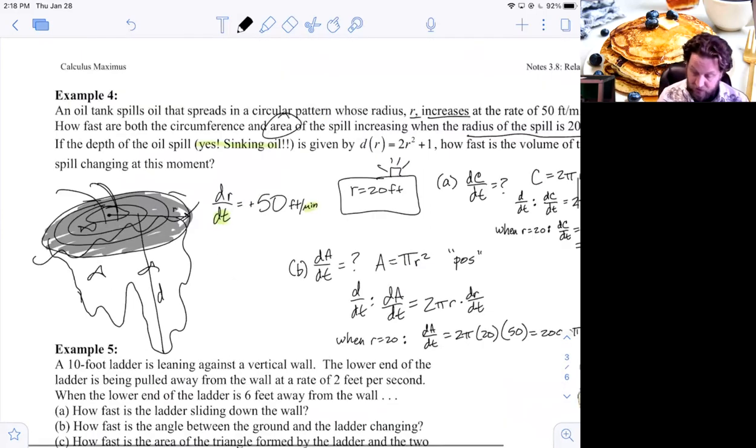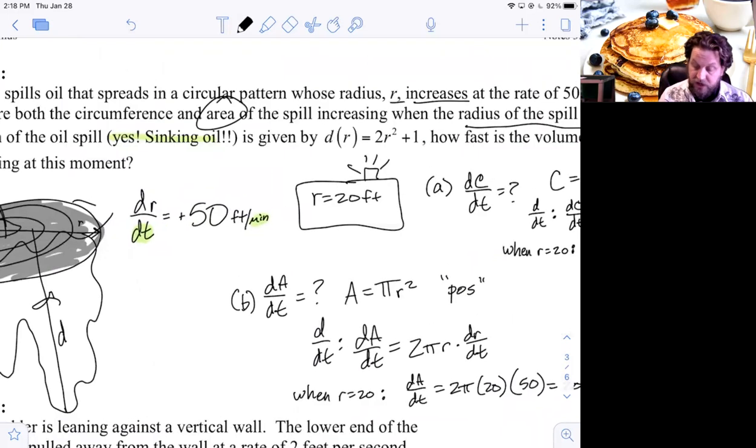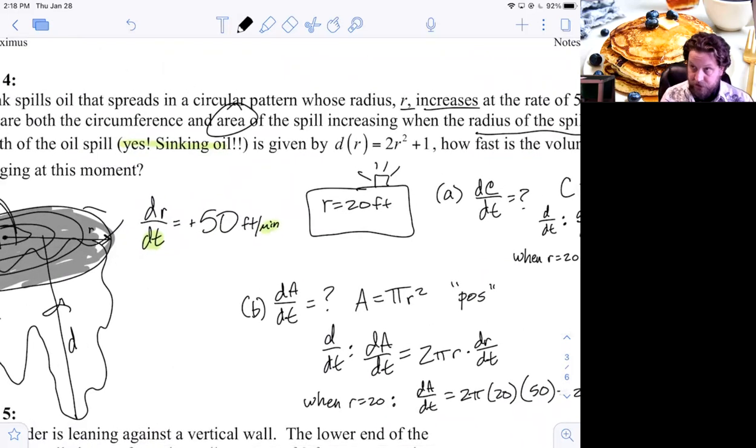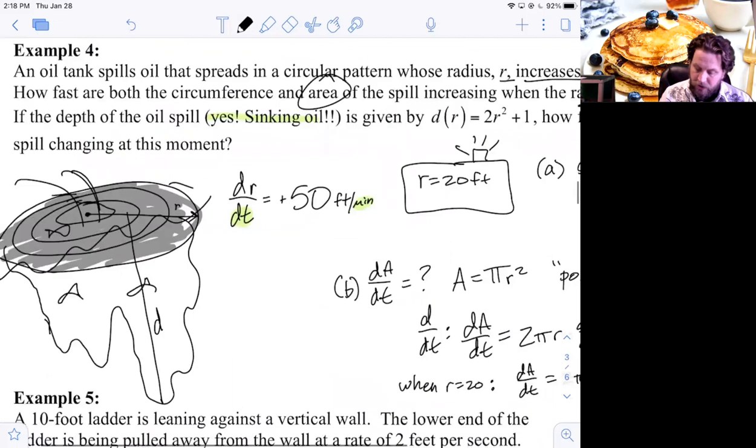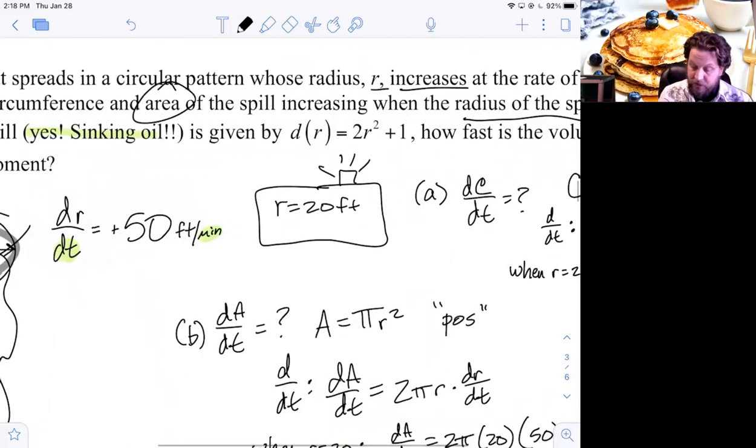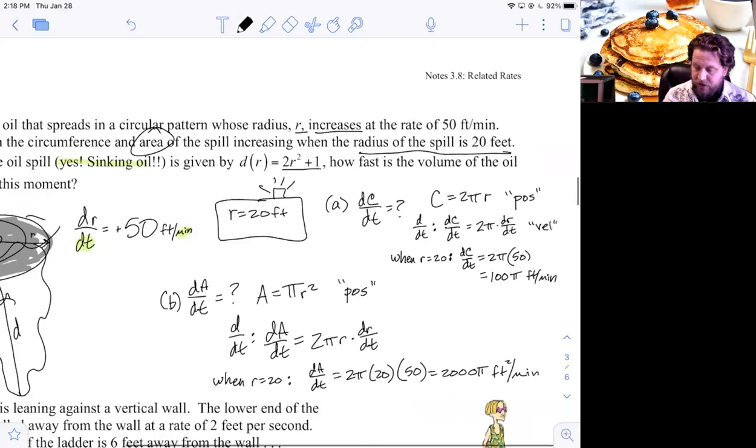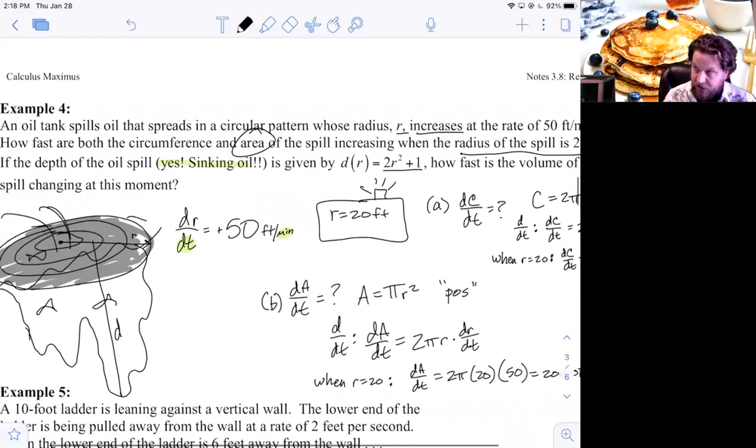So if you go straight down, this is what the depth would be. We'll call it D, because that's what it says. Now notice we're given the depth as a function of the radius. I don't know what it looks like under there, but they're telling me the depth at any distance r out from the center is given by 2r squared plus 1. How fast is the volume then of the oil spill changing at the same moment? Well, this goes back to rectangular or geometric prisms.